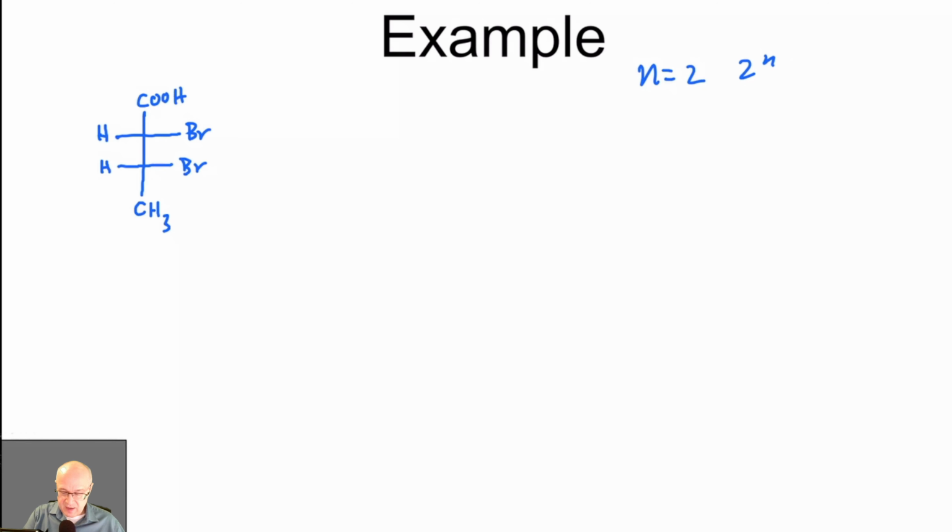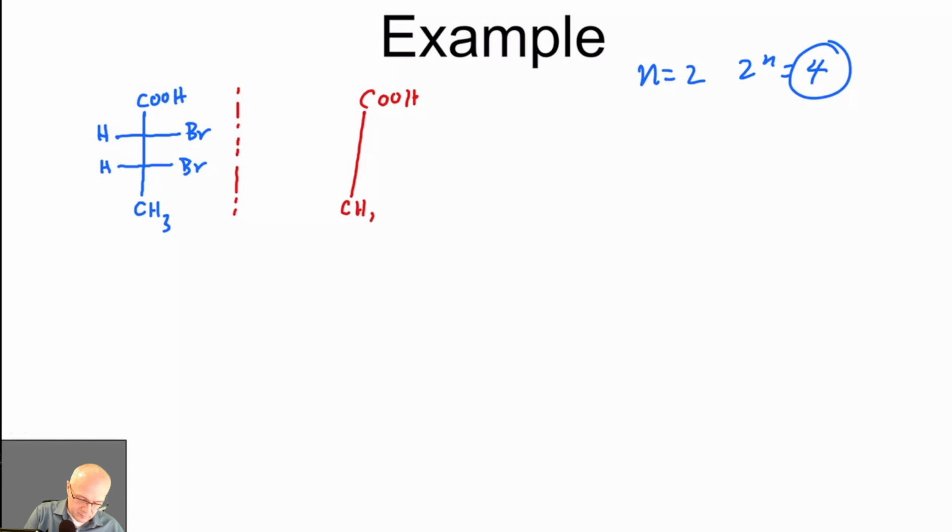So 2 to the n equals 4. So there's 4 potential stereoisomers. No problem. Draw the mirror image of the first one. Bromine here, H there, and H there. So there's the mirror image.